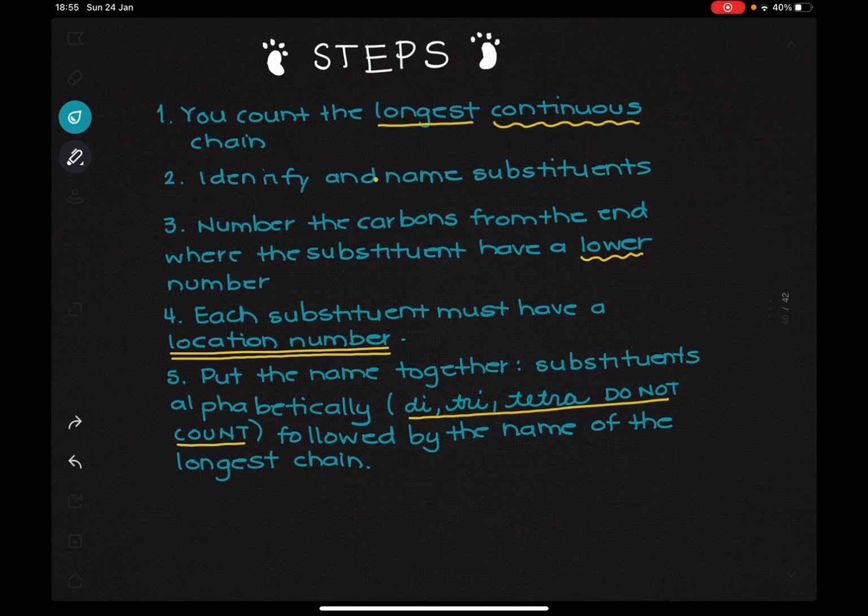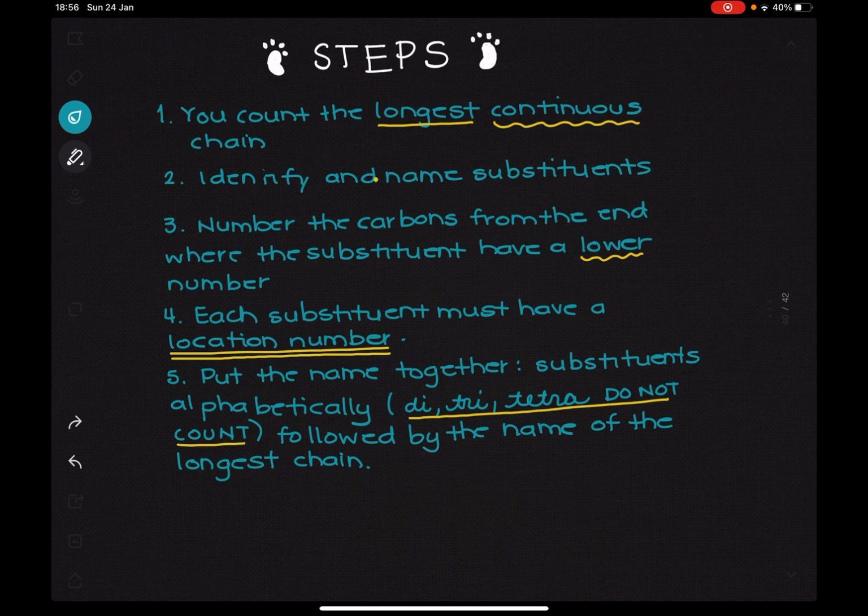Each substituent must have a location number. So this means that you need to know where your methyl or your ethyl or your cyclopropyl are. The last part is to put the name together. Substituents alphabetically, remember that the prefixes for numbers do not count, followed by the name of the longest carbon chain. So that's what we have been doing.